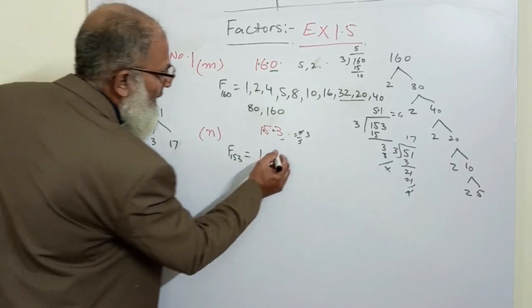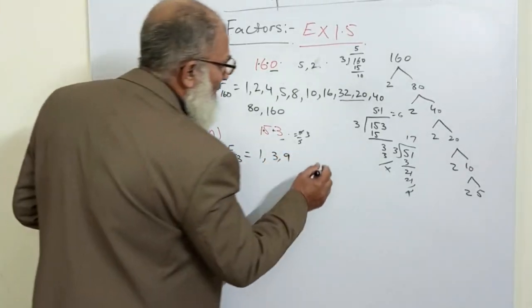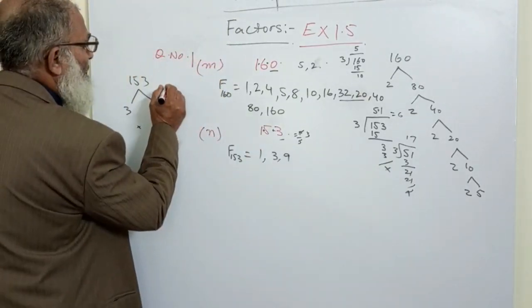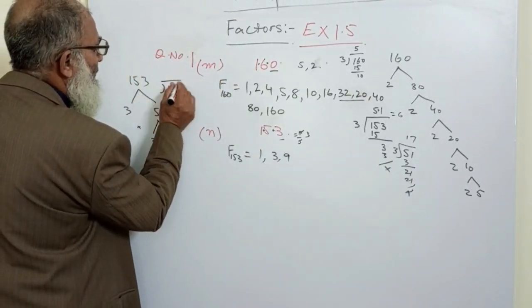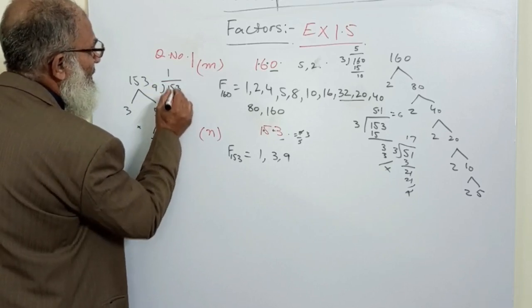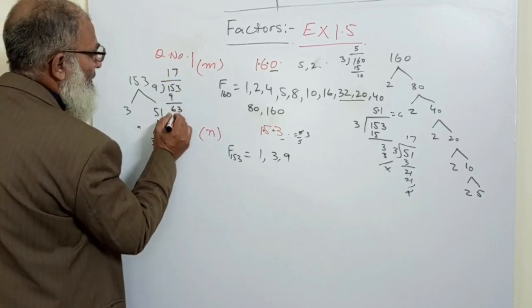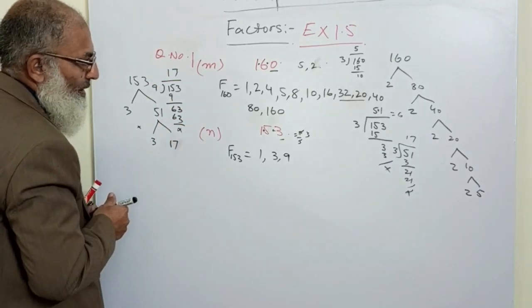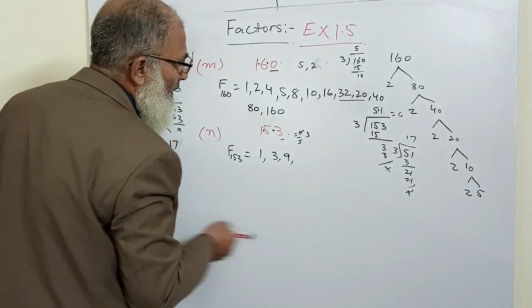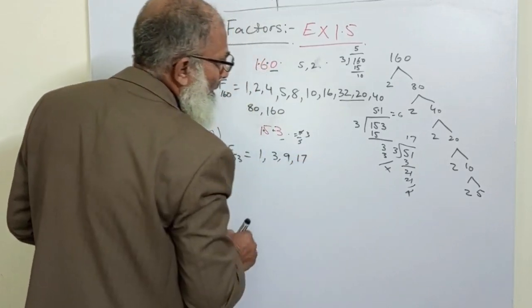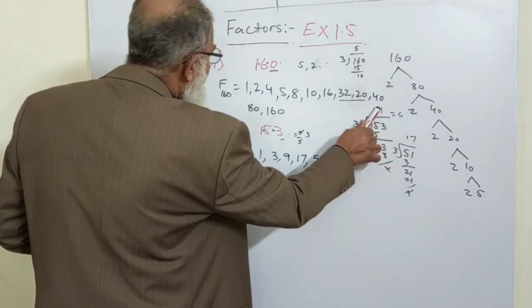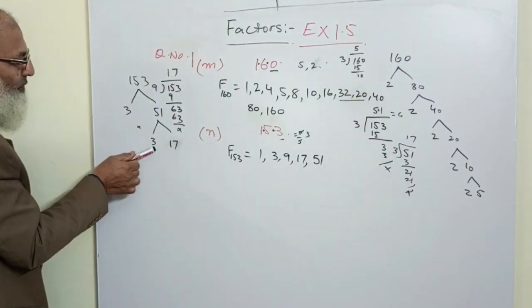So what we write here is 9, and we can check it with 9 also. 153 divided by 9, and what comes out of here? 17. The factors of 153 are now 1, 3, 9, 17, 51.